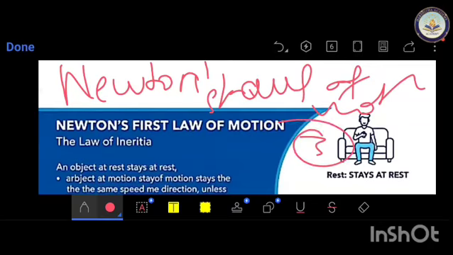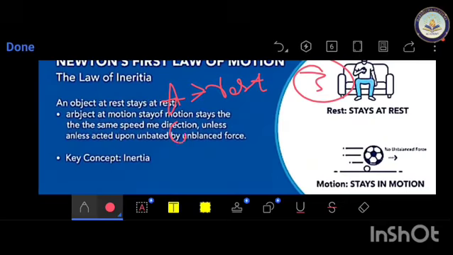Behind Newton giving those 3 laws, firstly a scientist named Aristotle did experiments and said that the natural state of an object is rest. Next, the scientist Galileo Galilei did some experiments and concluded that the natural state of an object is motion in a straight line.